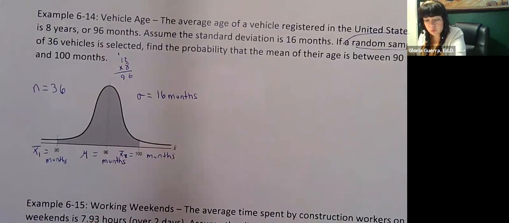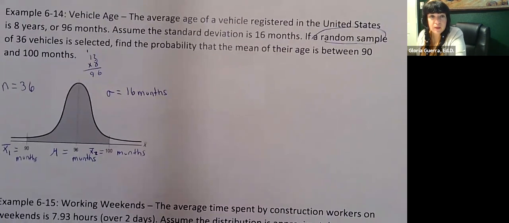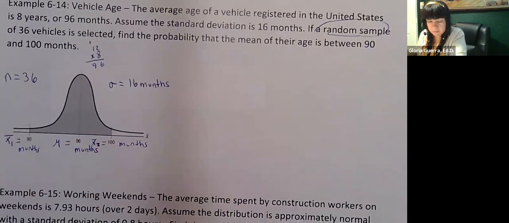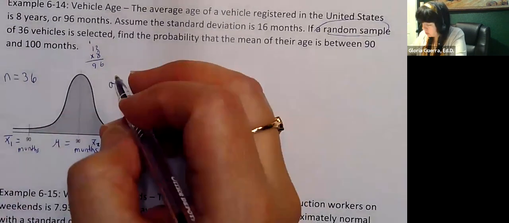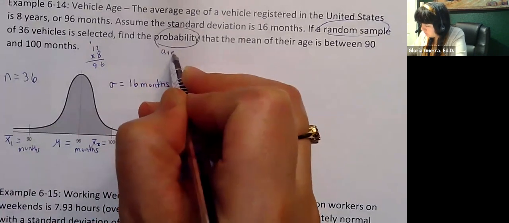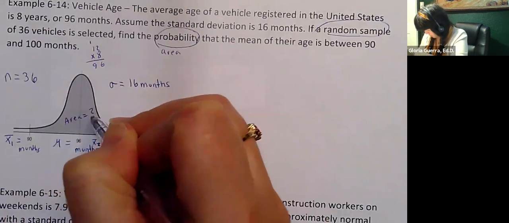We're going to have to use this new formula twice, and this is an area that's sandwiched in between. It says find the probability, so we're finding the area. So area equals question mark.